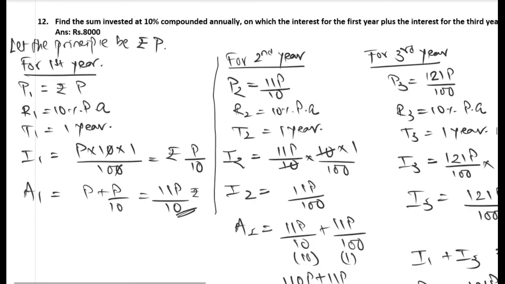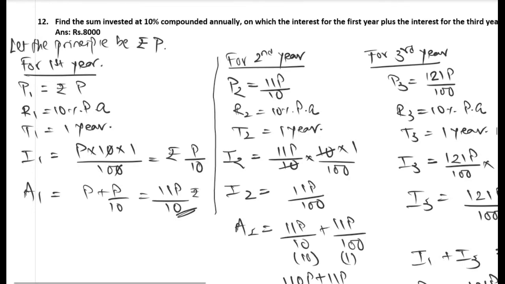So I hope you are understanding. These questions are not very difficult, but where they have given the relationship between the interest for some middle years, first year and third year, you cannot use the direct formula here. These are all the questions which can be done only without formula, right?